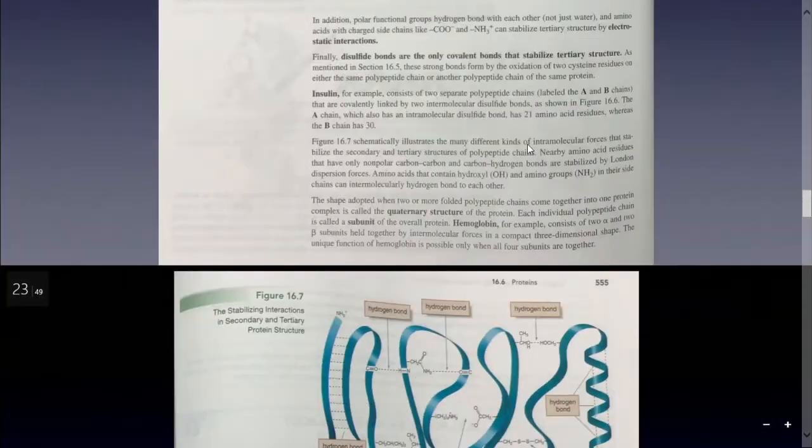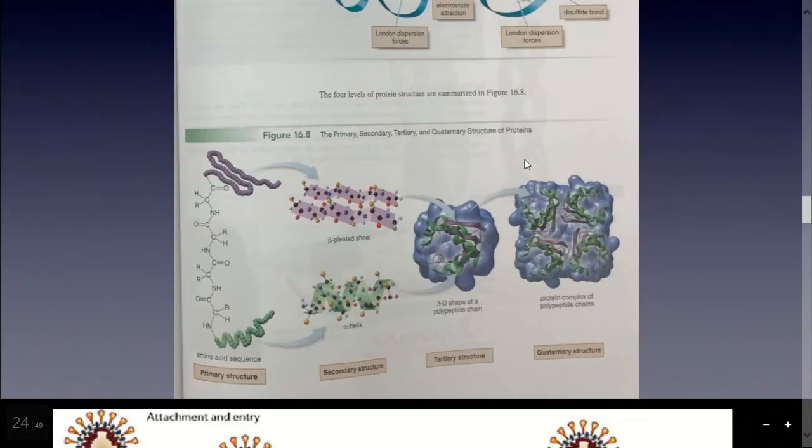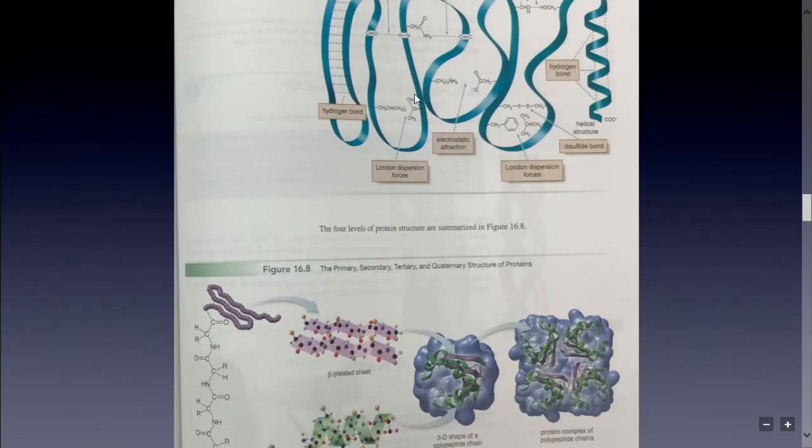If you look back here at the levels of organization, we go from the amino acid sequence to the helix or sheet, and then the tertiary structure where you finally get some 3D shape. The tertiary structure is taking place because of all these interactions that we discussed.